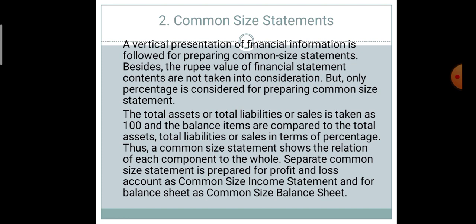Therefore, even if the related absolute figures are in respect of vastly different scale of operations, a common base for comparison is created. In case of a common size income statement, all items are presented as a percentage of net revenue. A common size balance sheet shows each item as a percentage of total assets.